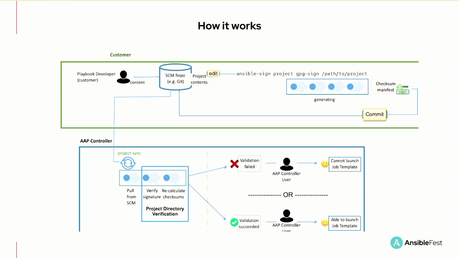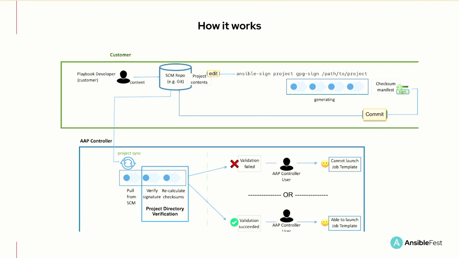Why do we need two files? A checksum file is to make sure that the files that exist in the project are not changed. A signature file is to check that, for the files in the project, there's no addition or deletion of files. So basically, we are checking if the files are tampered with. We are also checking if there are extra files added or deleted from your repo.